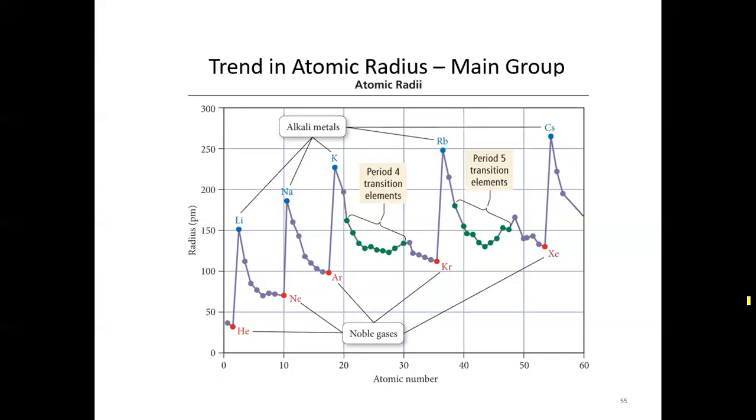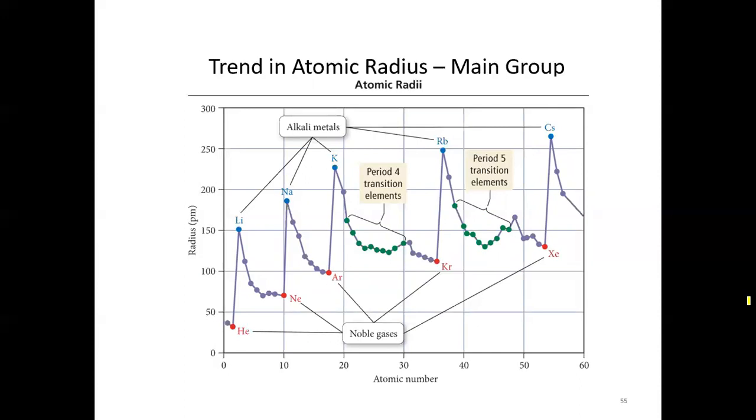Notice that in each section, the spike seems to be formed by a group 1 element: lithium, sodium, potassium. And then as you increase the atomic number, in other words, as you scan from left to right in that period, you see a downward decline in the radius, in other words, in the sizes of atoms.